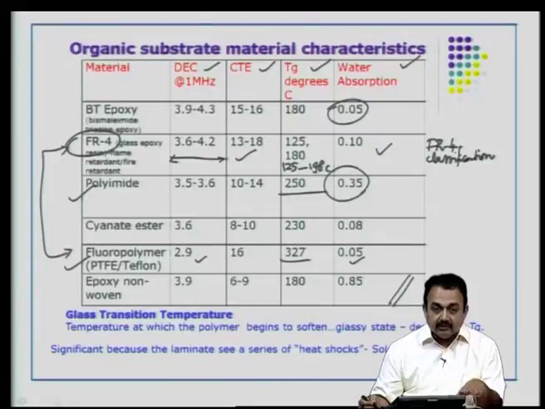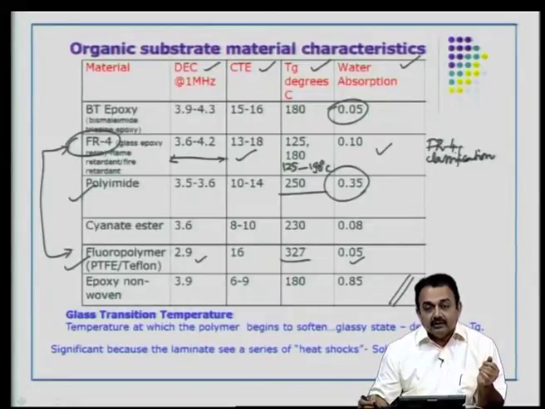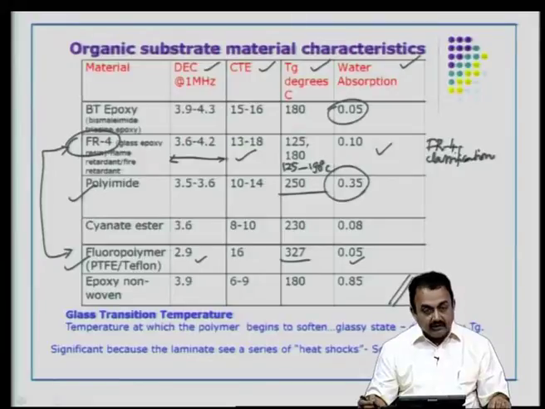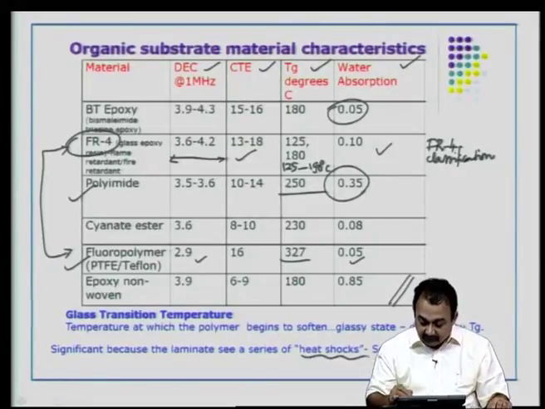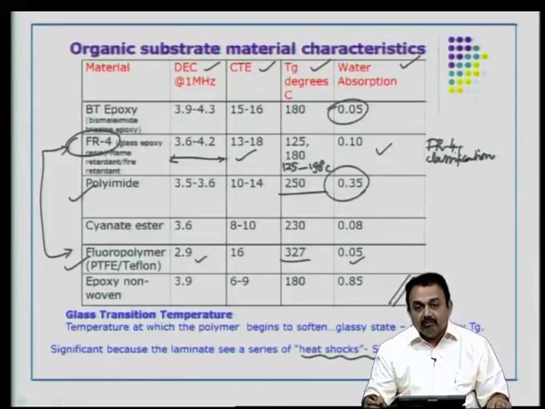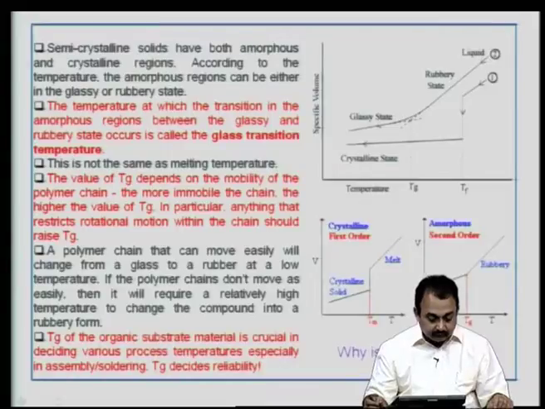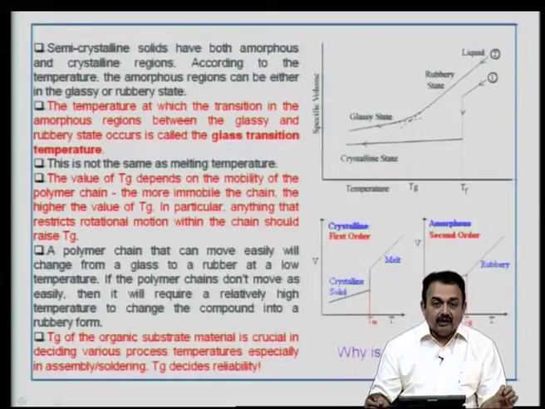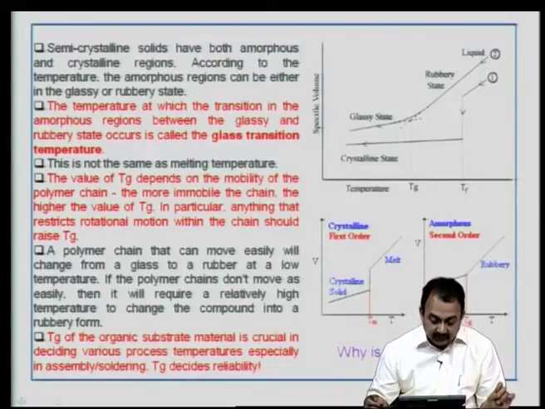So, look at these properties and decide which one you want to use for the electrical performance rating that you require. The TG is important because the laminate will see a series of heat shocks: soldering, manual repair, manual soldering and so on. So, I will briefly talk about TG because it seems to be a key issue in laminates.